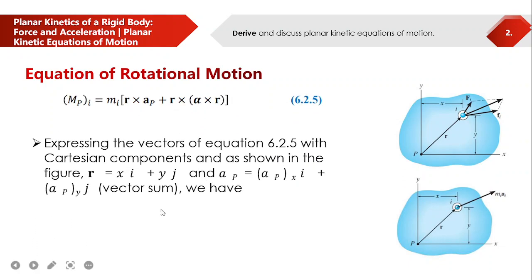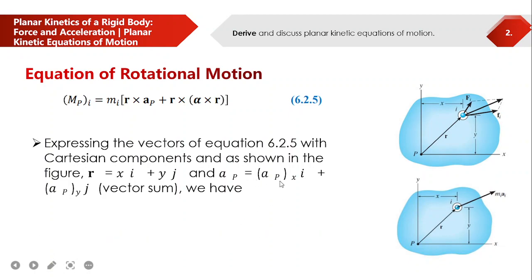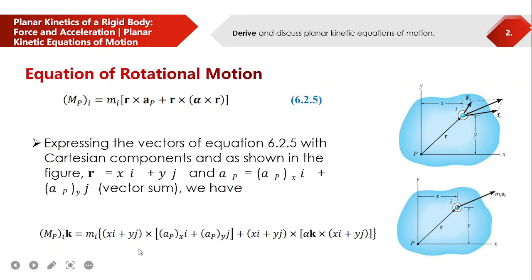So, expressing the vectors of equation 6.2.5 with Cartesian components, as shown in the figure, r is equal to x i plus y j, and a sub P is equal to a sub P x i plus a sub P y j. Vector sum, so we have the components in each of x and y.